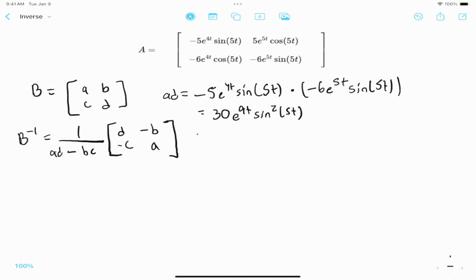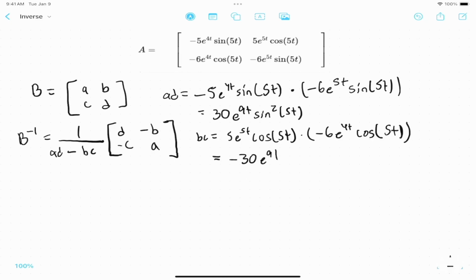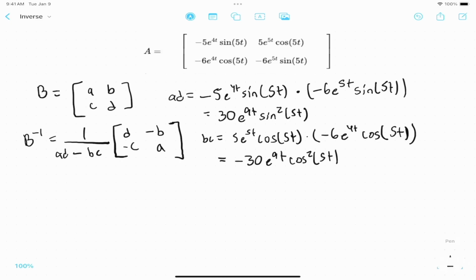So B times C is B, 5e to the 5t, times C. Same process, so 5 times negative 6 is negative 30. e to the 5t times e to the 4t is e to the 9t. And then we have cosine squared of 5t. Now we have to find AD minus BC.